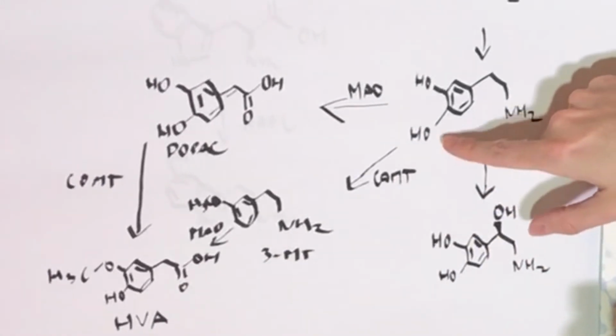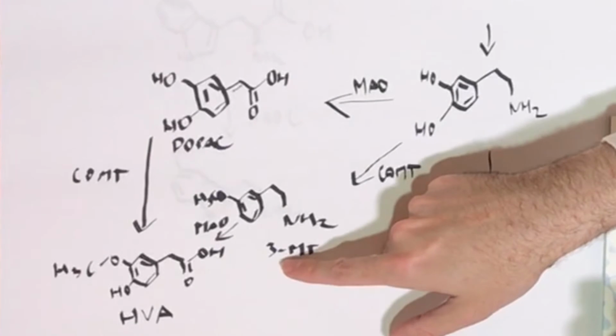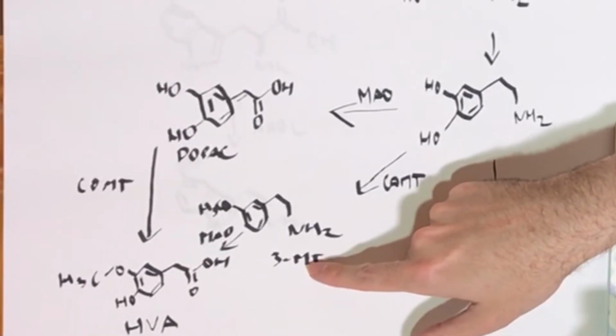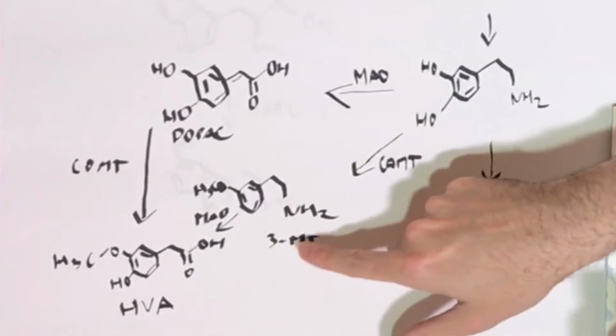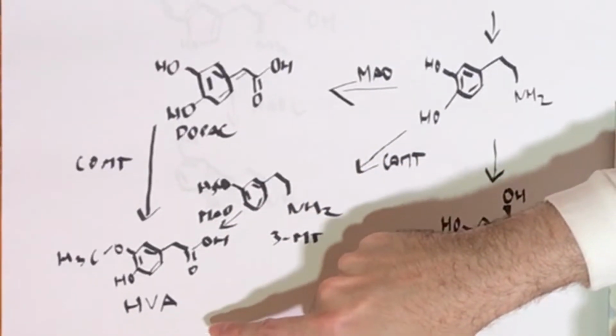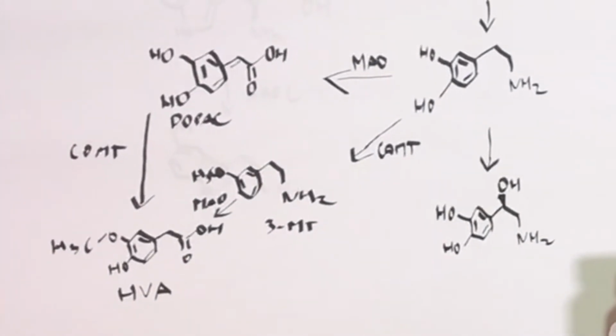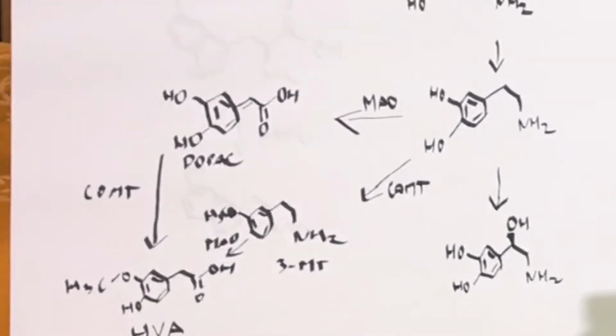The other way is that COMT converts it to 3-methyl-tyrosine, and then that actually gets converted by MAO to homovanillic acid. So this is the pathway for dopamine, sort of in a nutshell.